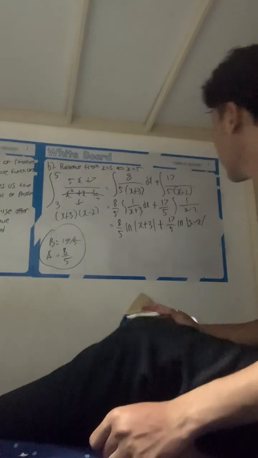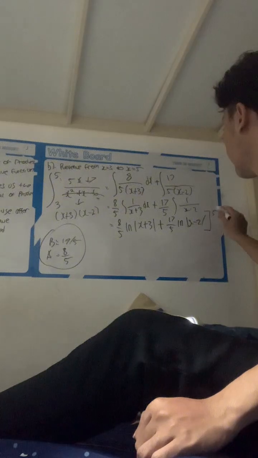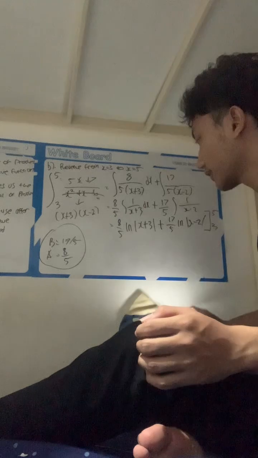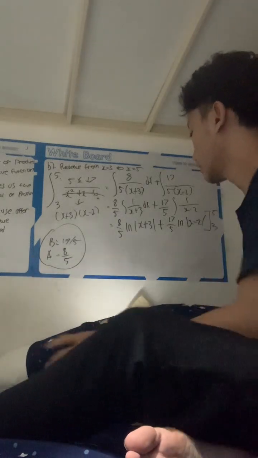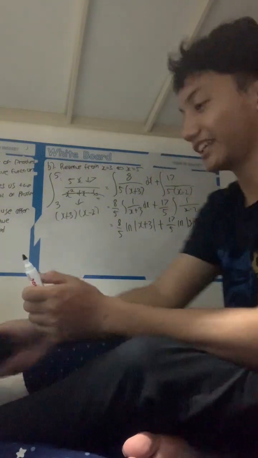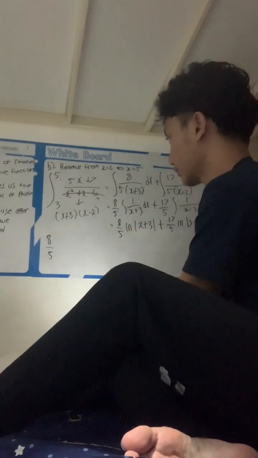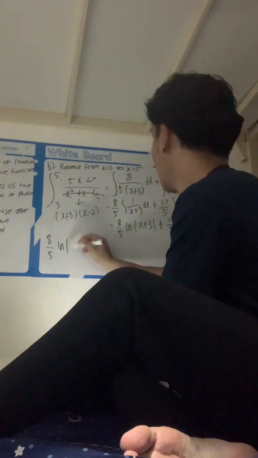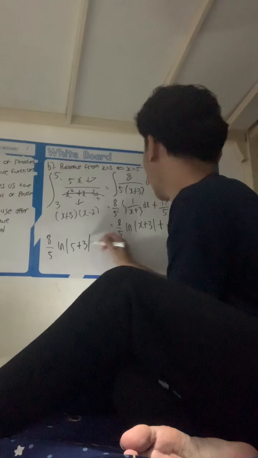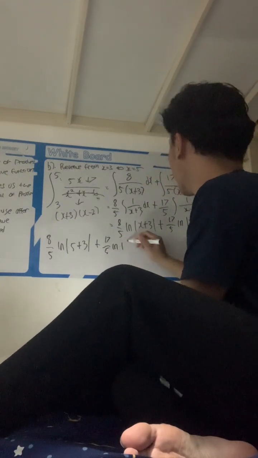So the next step of the operation is, because this is a definite integral, we replace the x with 5 and 3. Okay, so this will be kind of a long way to solve it. I'm going to erase this first. So this will become 8 per 5 ln, the first definite integral is 5 plus 3, plus 17 per 5 ln 5 minus 2.